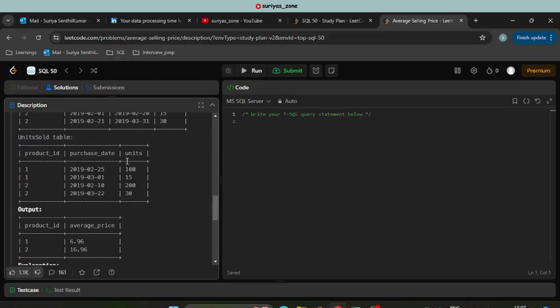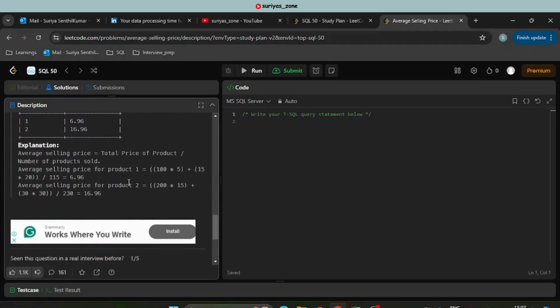The total number of products sold is the sum of units based on product ID, which is 115. If we do that calculation, we get 6.96, which is the expected output for product ID 1. The same calculation goes for product 2 as well.